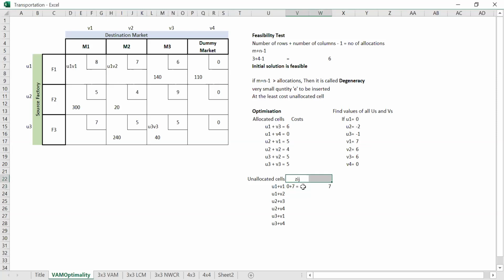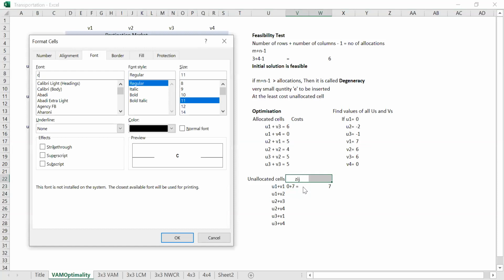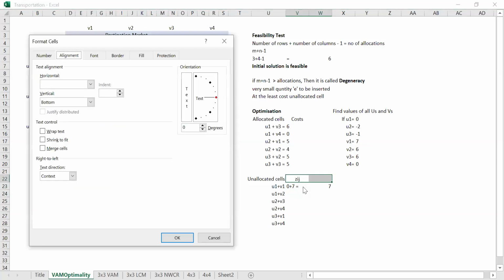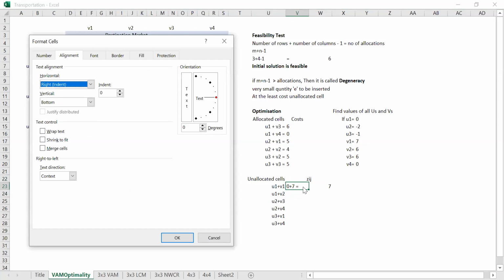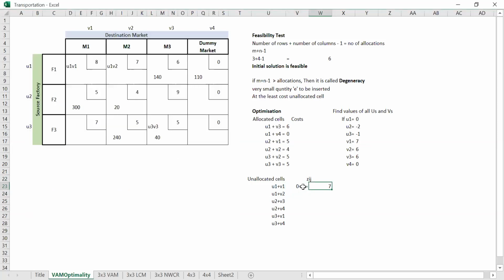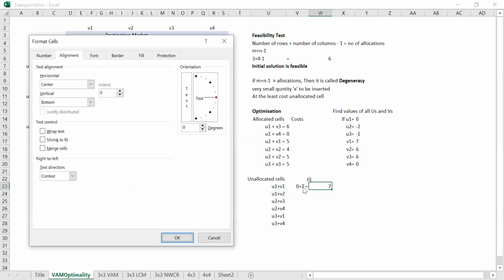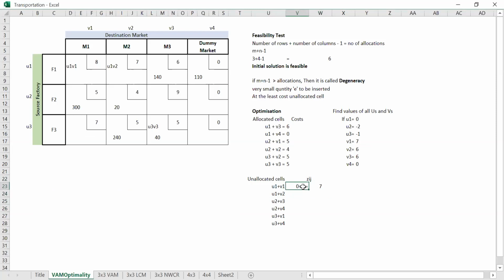So this is Zij for you. Sorry for spending time in formatting these, because it will make it easy for us.